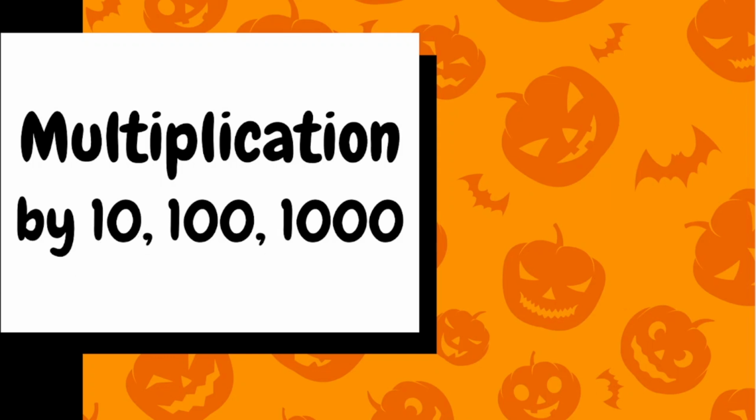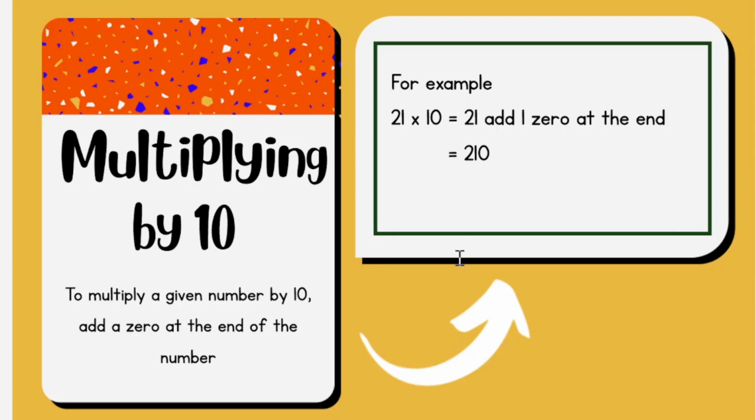All right, let's look at this. To multiply by 10, we're starting with 10. To multiply a given number by 10, you add 0 at the end of the number. So to get the answer without pressing your calculator, without stressing yourself, you just add 0 at the end of the number.